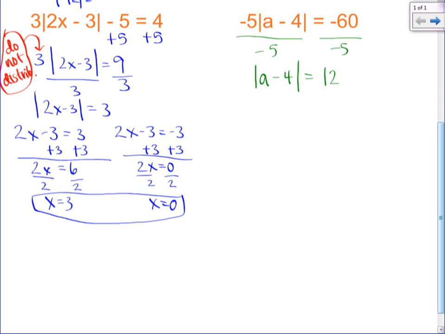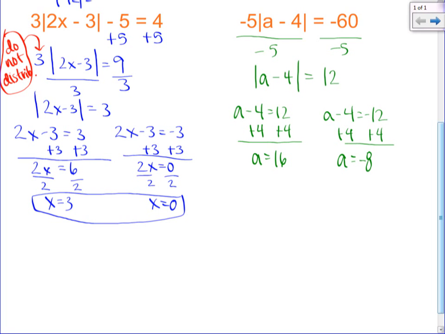Now we have the absolute value alone, so you can write it 2 times because the 12 is positive. Add 4 on both of them. We get our 2 answers.